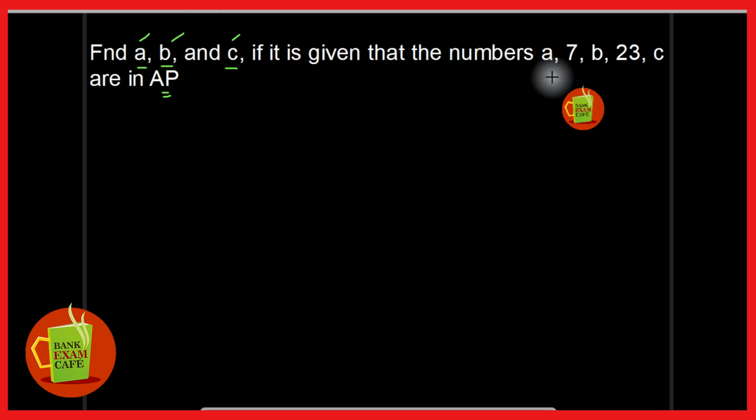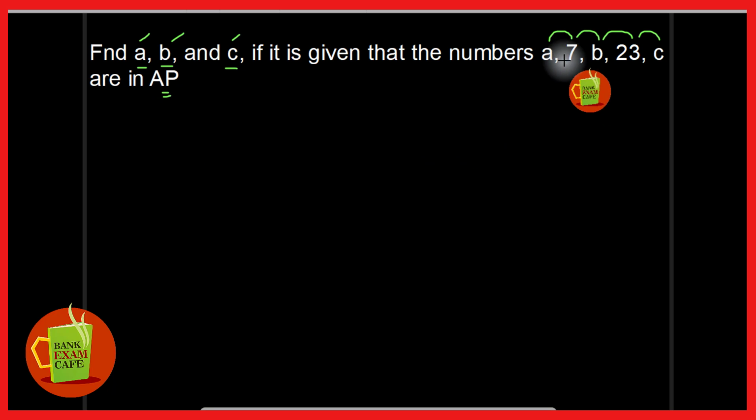Friends, as we know, the difference between the second term and the first term, the third term and the second term, the fourth term and the third term, and the fifth term and the fourth term will always be equal, then only it will be an arithmetic progression, because the common difference should be the same.